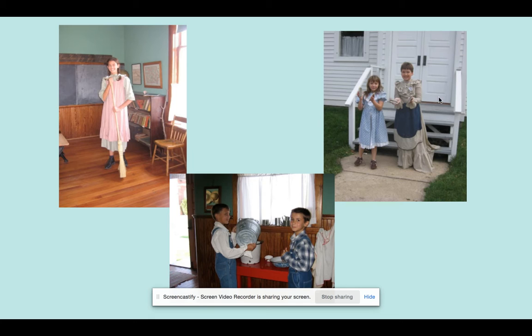The next picture I want you to look at is this picture in the right corner. I notice that there are two students who are outside of the school. If you look really closely, in their hands they have chalkboard erasers. So when you write on the chalkboard, to get all the writing off, you have to erase it. And they have a chalkboard eraser in each of their hands.